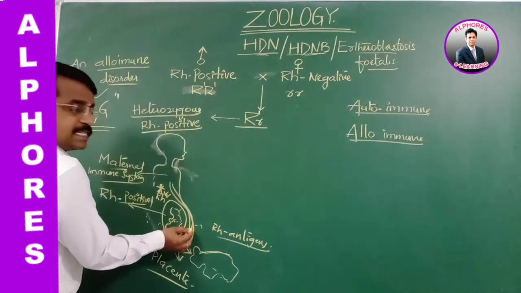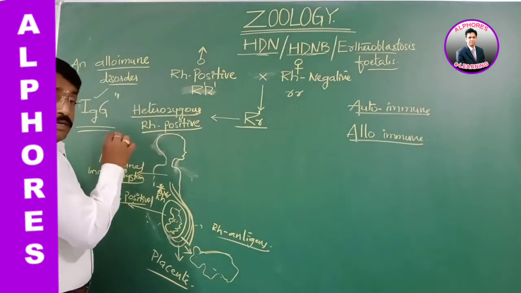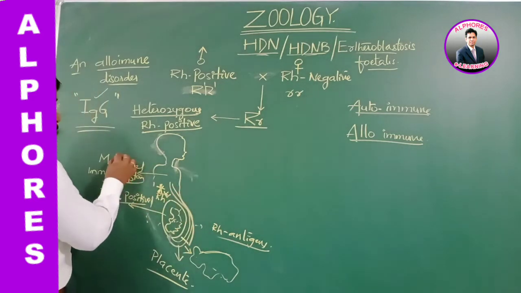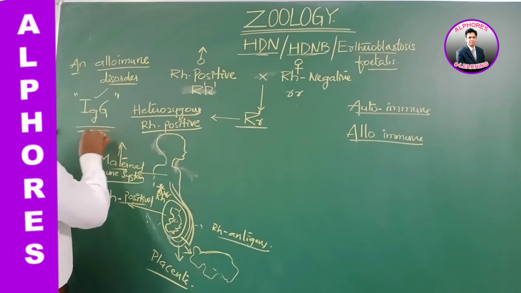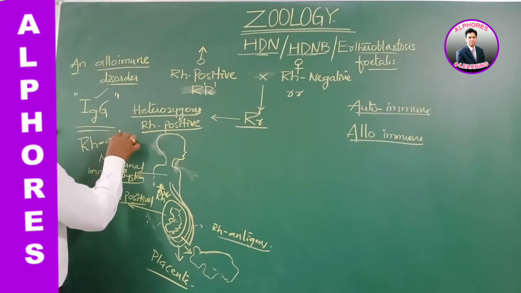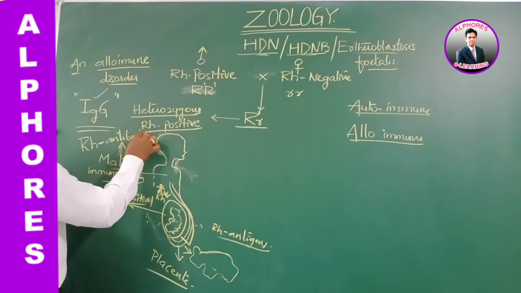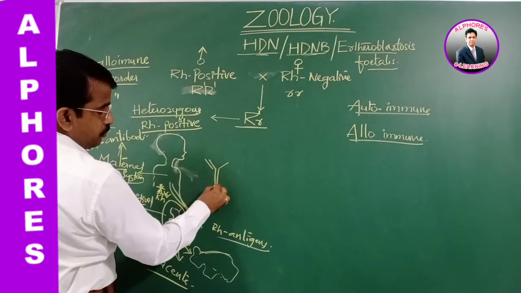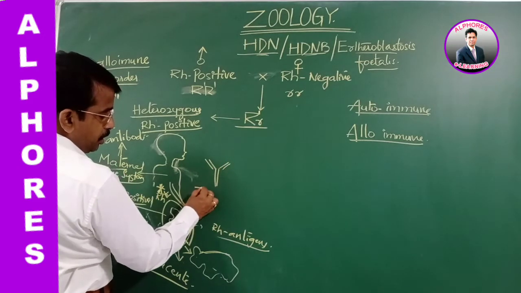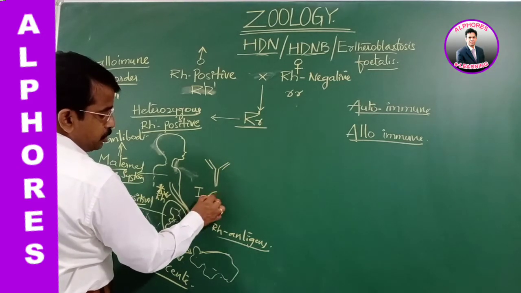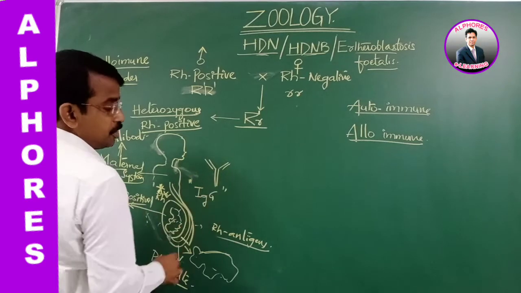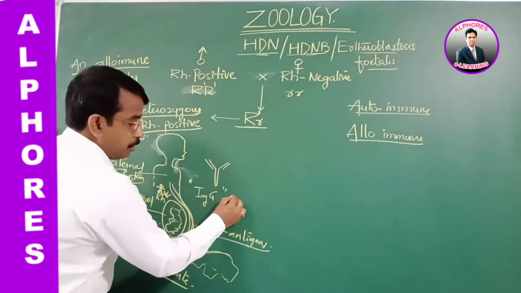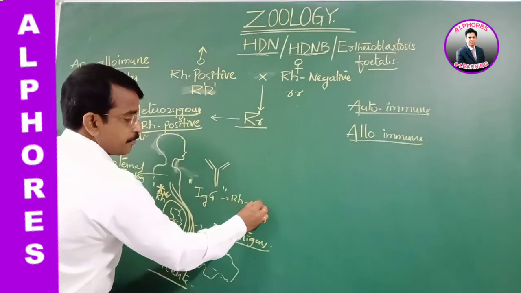So against this antigen, the mother's immune system sensitizes and produces the Rh antibodies. This is the structure of an antibody. These antibodies are considered to be IgG type Rh antibodies.